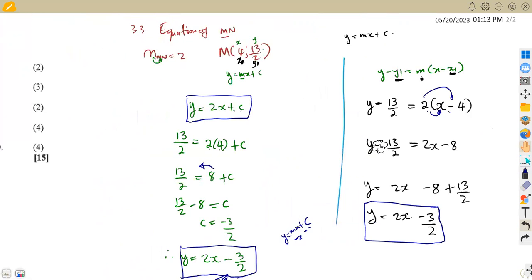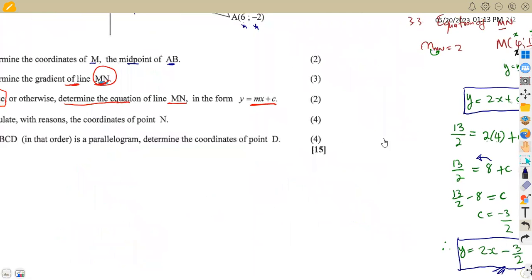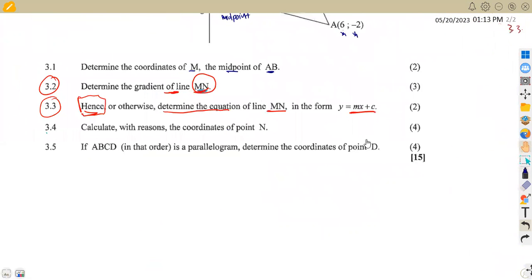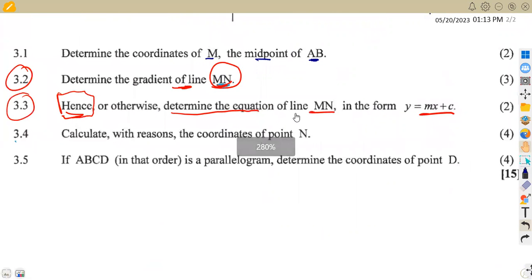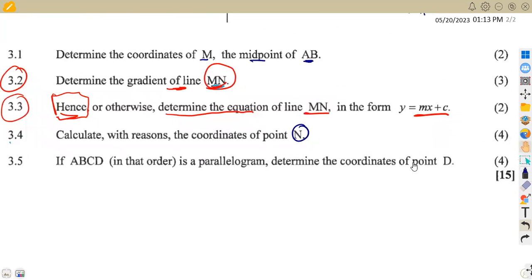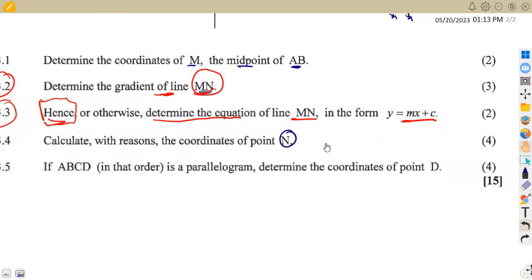Okay, so that was our question 3.3 on calculating this equation in the form of y is equal to mx plus c. Then we move on to the other part, which is 3.4. Calculate, with the reasons, the coordinates of point n. But remember what I said before about this point n.